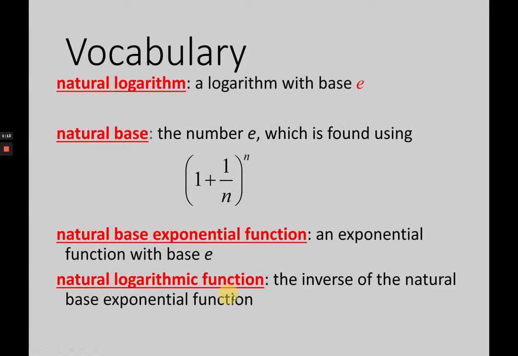Next, the natural logarithmic function is the inverse of the natural base exponential function. So we're going to deal with inverses of the natural base exponential function, which is going to be a switch between logarithm base e, ln, or e raised to an exponent equations.